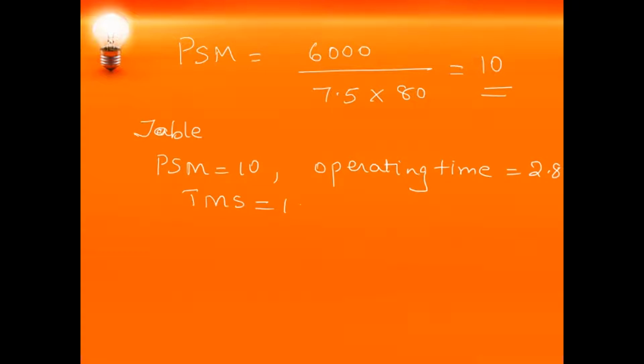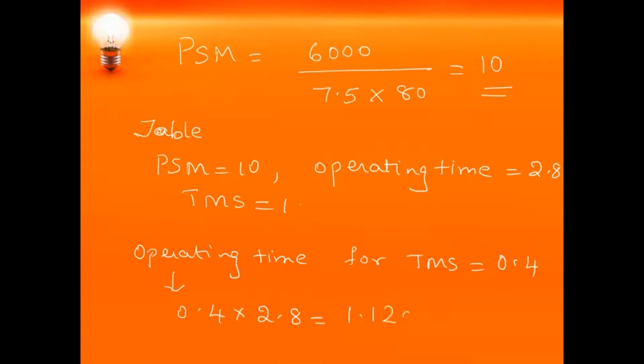But we need to find the operating time for TMS equal to 0.4. So the operating time for TMS equal to 0.4 is given by 0.4 into 2.8. So this is 1.12 seconds. That means the relay takes 1.12 seconds to operate if the TMS value is equal to 0.4.